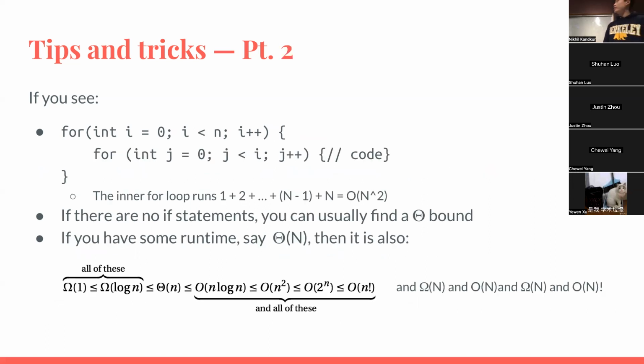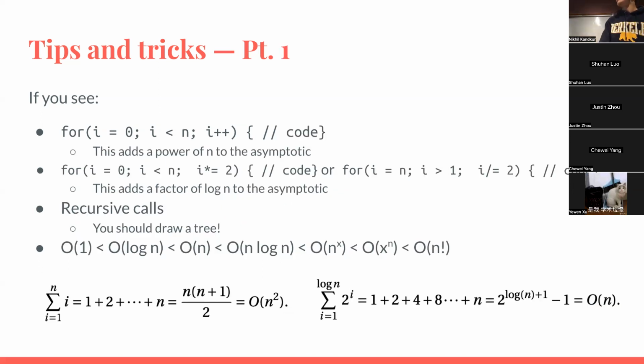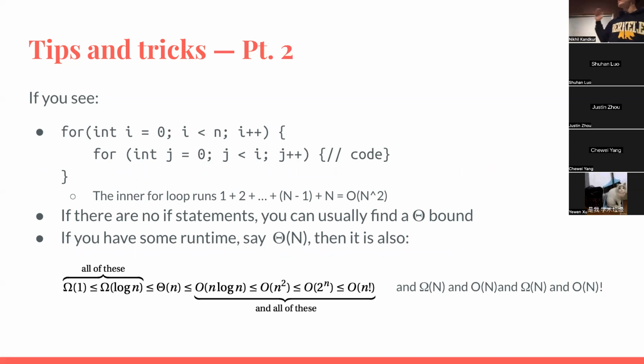In tips and tricks part 2, if you see this pattern, for int i equals 0, i is less than n, and then the inner loop loops up until i, then this is exactly the same pattern as we saw on the last slide, which is 1 plus 2 plus 3 and so on, which gives us an O of n squared.